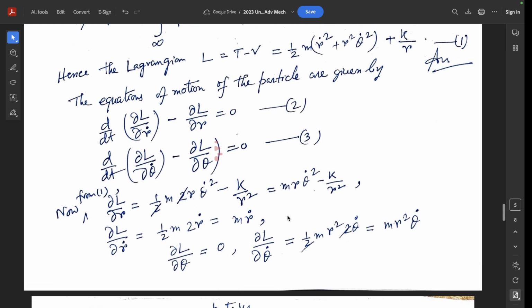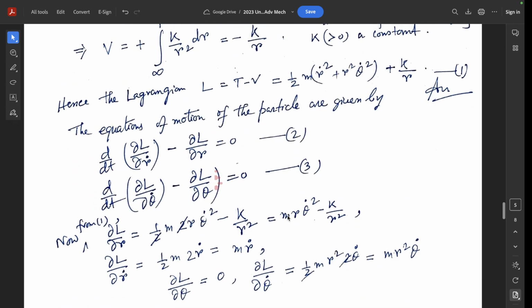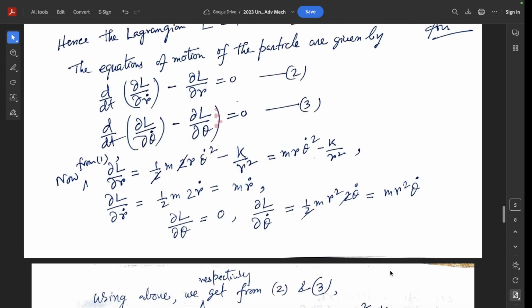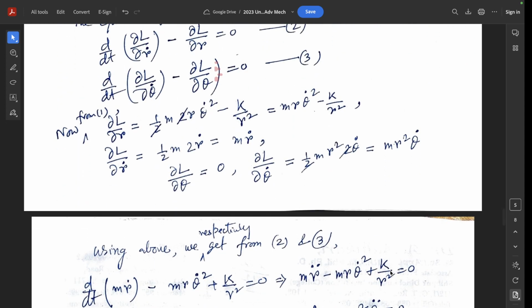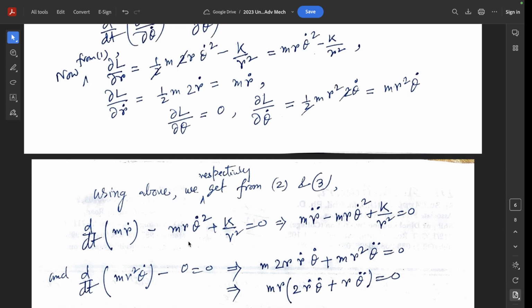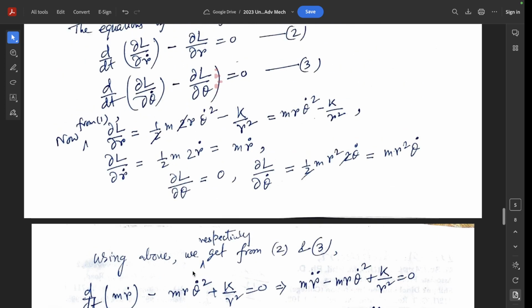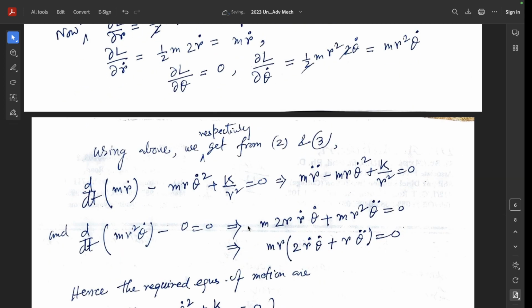Now from equation 1 we find del L by del r equals this, and del L by del r dot equals this. Del L by del theta equals 0, independent of theta, and del L by del theta dot equals this. Putting all these values in equations 2 and 3, from the second we get m r double dot minus m r theta dot square plus k by r square equal to 0, and from the third equation we get m common, bracket 2 r dot theta dot plus r theta double dot equal to 0.